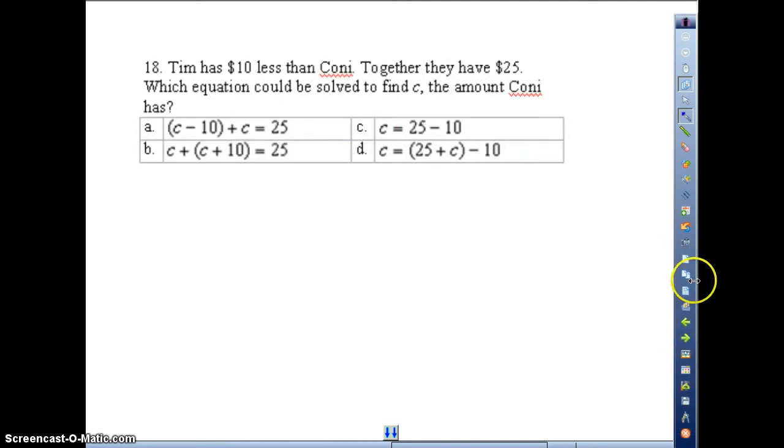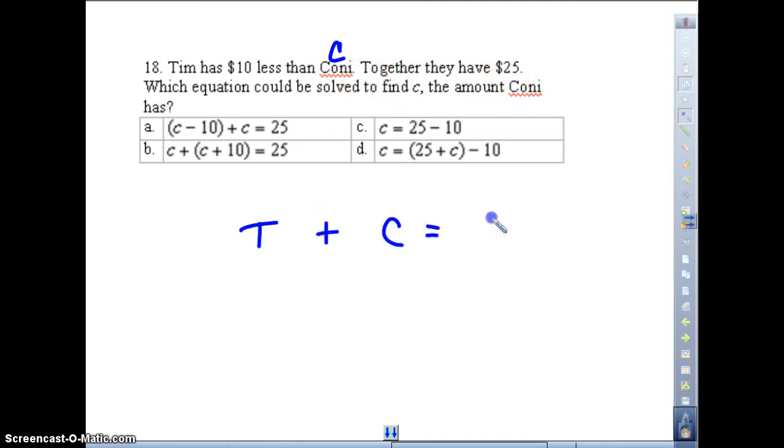16. Tim has 10 less dollars than Connie. Together they have 25. Which equation can be used to solve for C, the amount that Connie has? Okay, I don't know what Connie has, so I'm going to call that C. When they say together they have 25, I have Tim's money plus Connie's money, together they have 25.